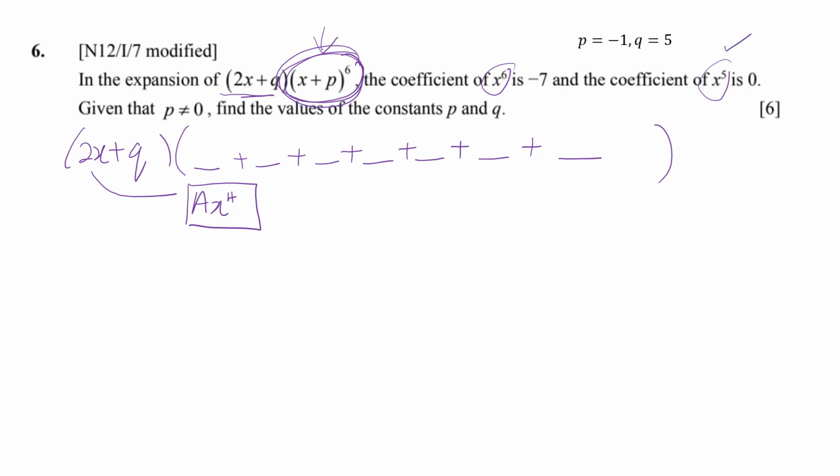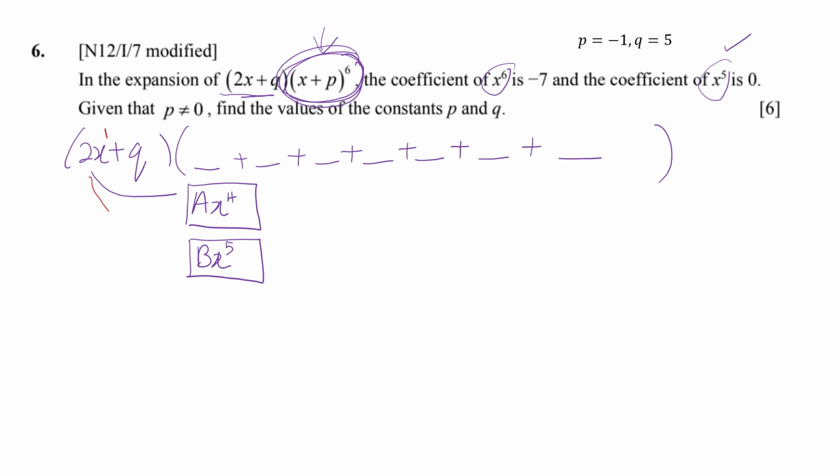And we also need to multiply with x to the power of 5, because 2x means 2x to the power of 1, right? So 1 plus 4 gives you 5, and 1 plus 5 will give you 6. So we settled for 2x.